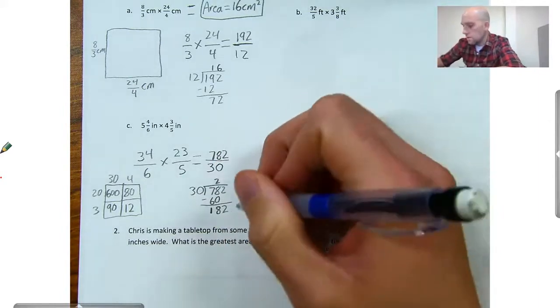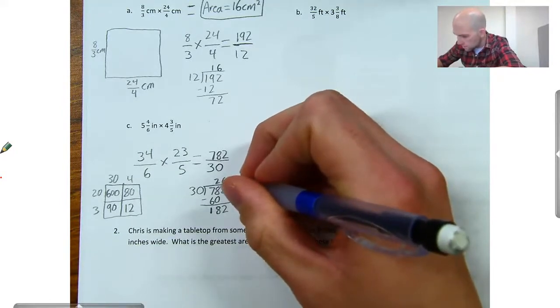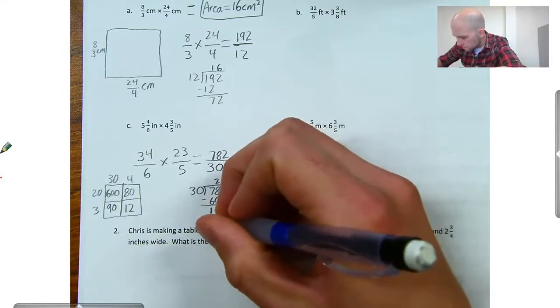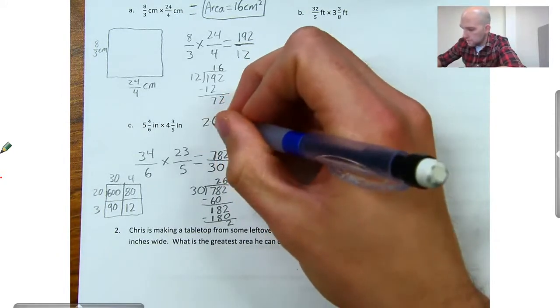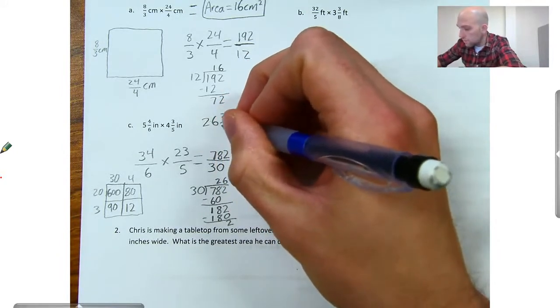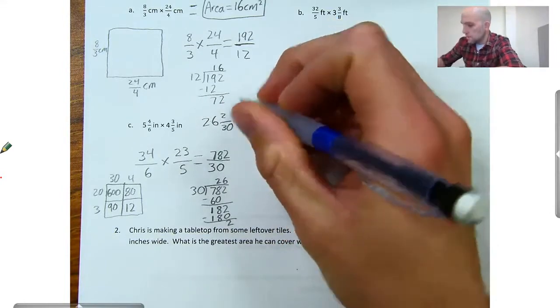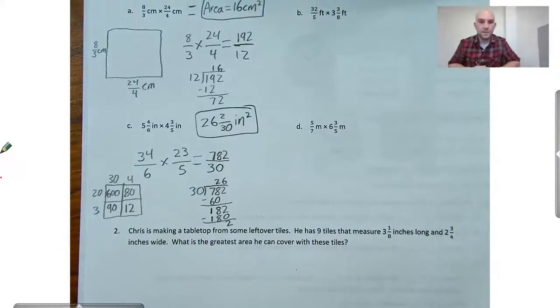Well, 30 goes into 182 6 times. That's 180. We'll have 2 left over. We're going to end up with 26 and 2/30 square inches. We could simplify that 2/30 to 1/15, but really we're just looking for 26 and 2/30 square inches.